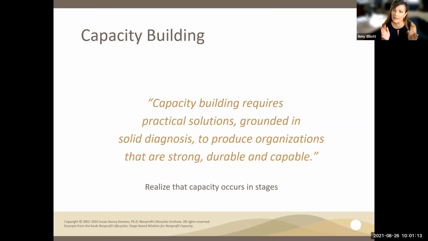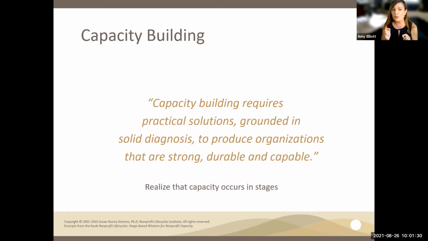And even if those organizations were in the same life cycle stage, there are considerations specific to that organization that would make the solutions not the same.